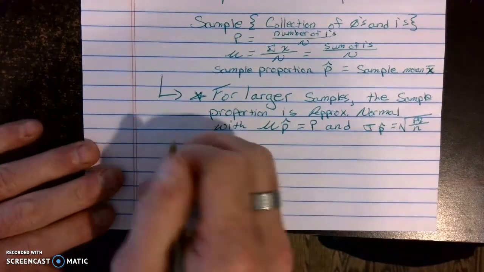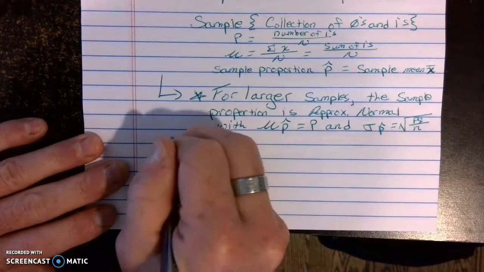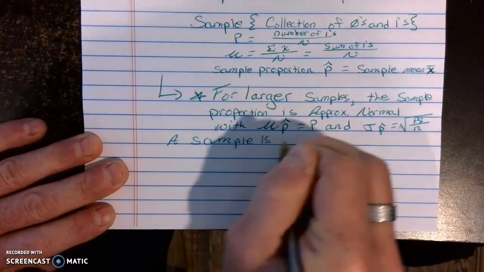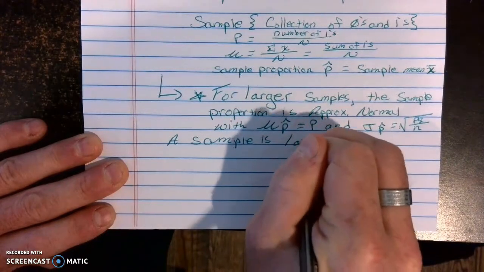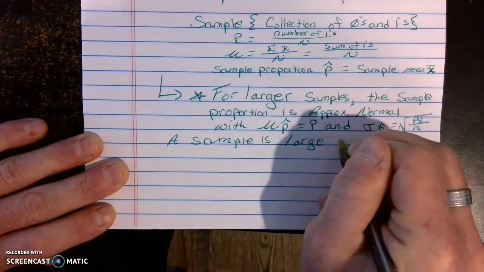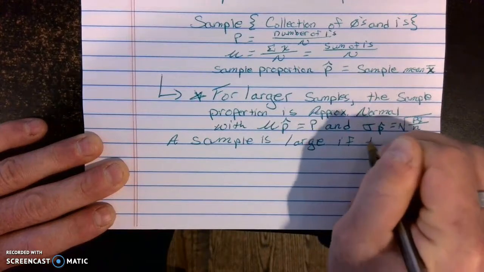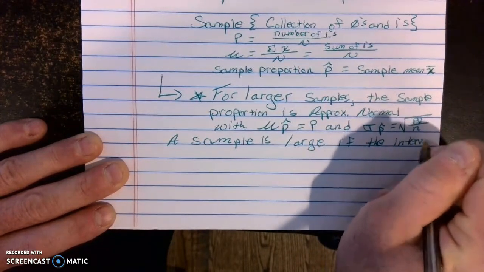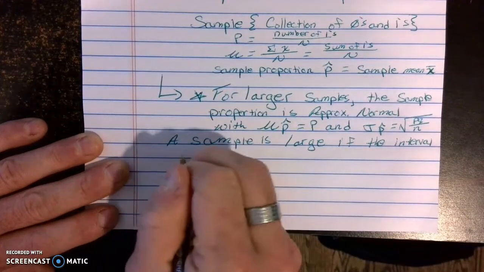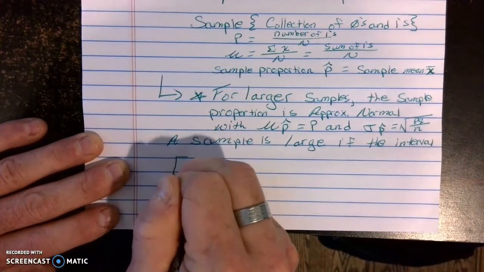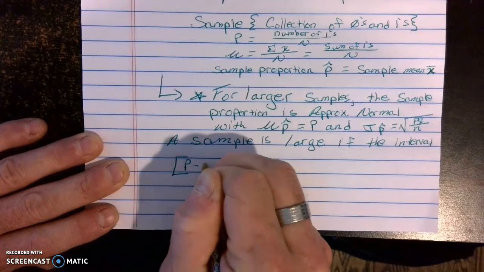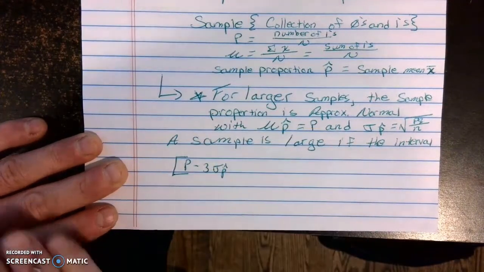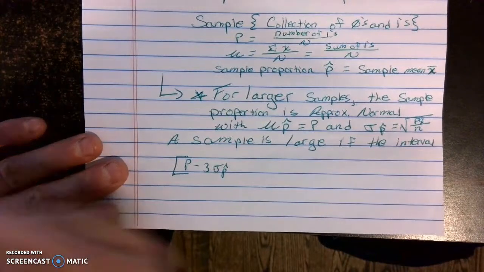In other words, we have a sample that is large if the interval, and this is an important key concept here, we take P and subtract from it 3 times the standard deviation of the sample proportion.